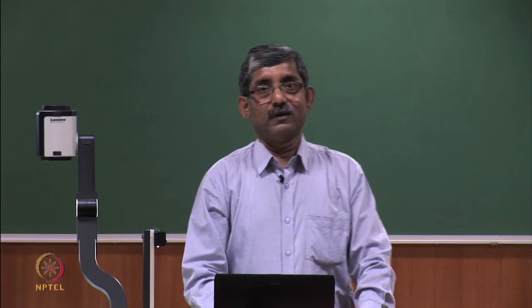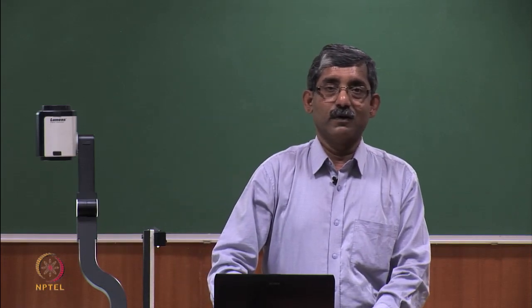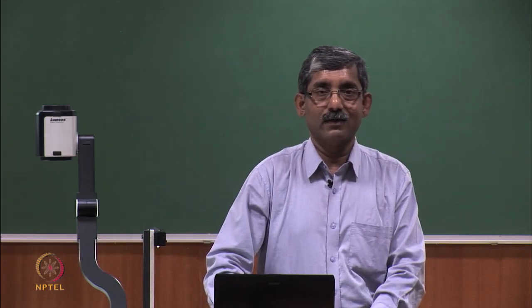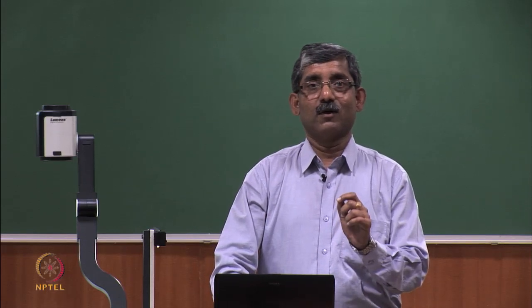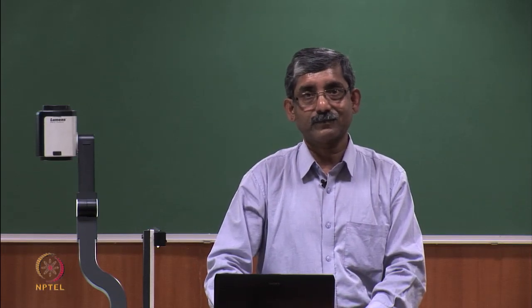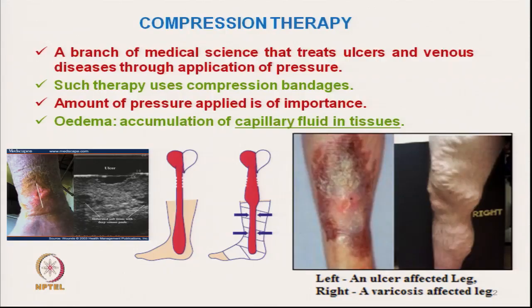So, the need comes from what is known as compression therapy. So, what is compression therapy? It is a branch of medical science that treats ulcers and venous diseases through application of pressure. So, here compression bandage comes into the picture.